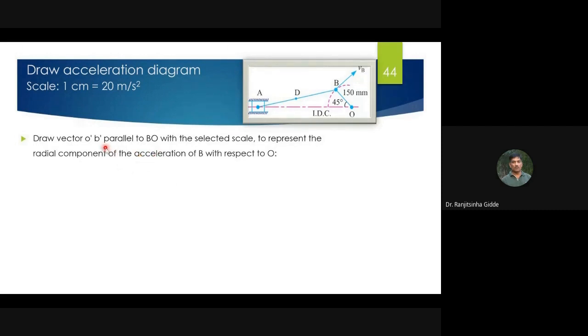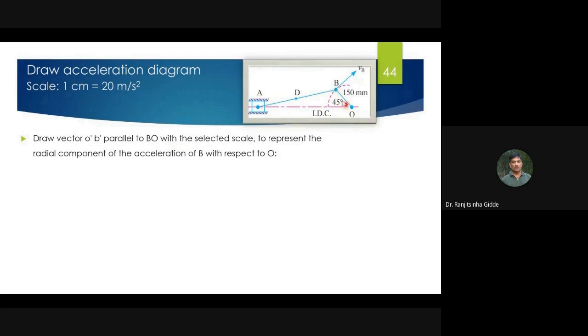Draw vector O dash B dash, O dash B dash parallel to BO with the selected scale to represent the radial component of the acceleration of B with respect to O. Okay.